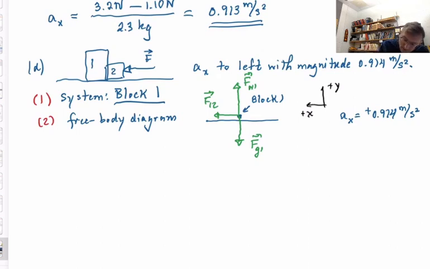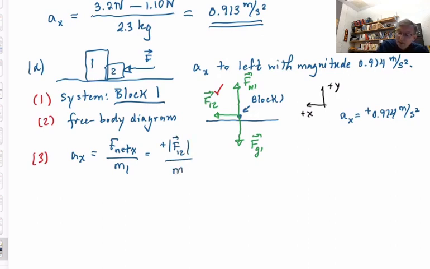Step 3, write down Newton's second law in component form. So a sub x equals F net x over m1. And there's only a single x force, F12, and its entire magnitude is in the positive x direction. So this is plus the magnitude of the force on 1 due to 2 over m1. I already know what the acceleration is. I already know what m1 is.